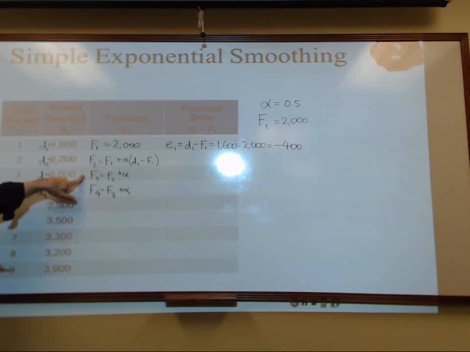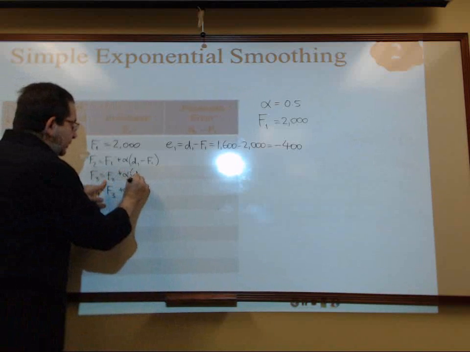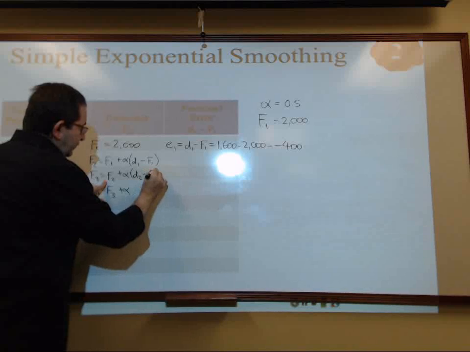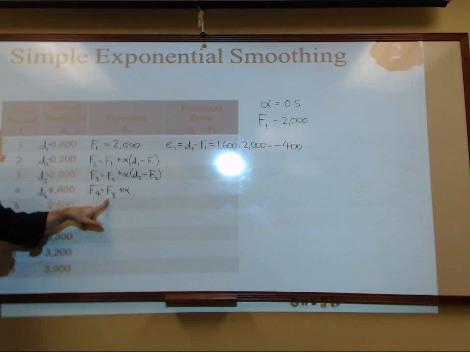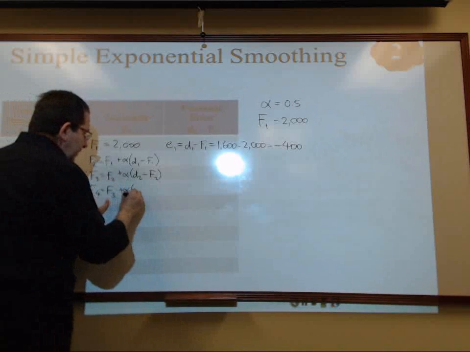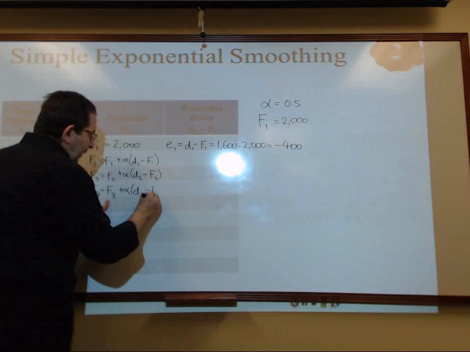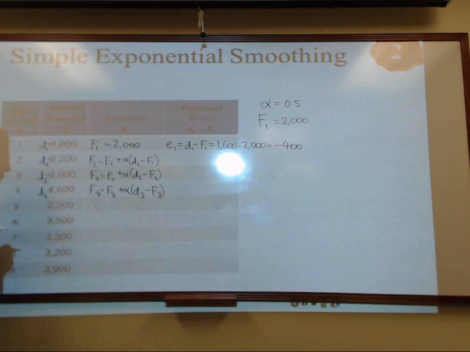For period 3, we're looking at period 2, and the forecast error in period 2 is D2 minus F2. For period 4, we're looking at period 3, and the forecast error in period 3 is D3 minus F3. And so on and so forth.